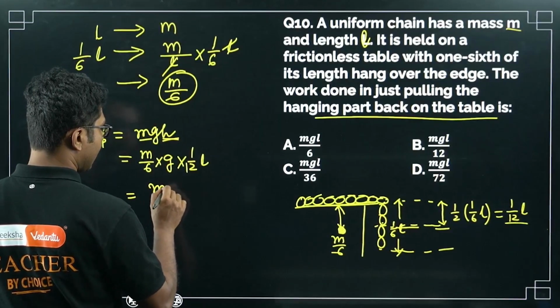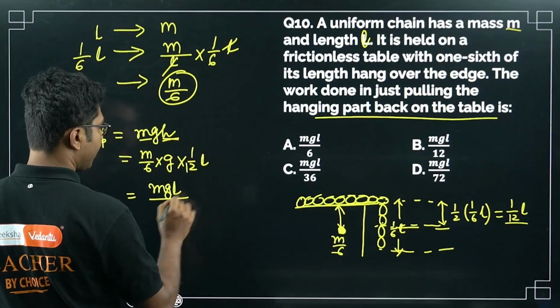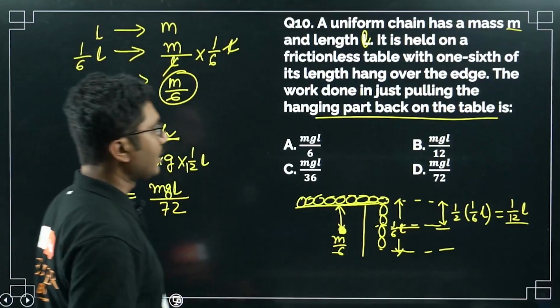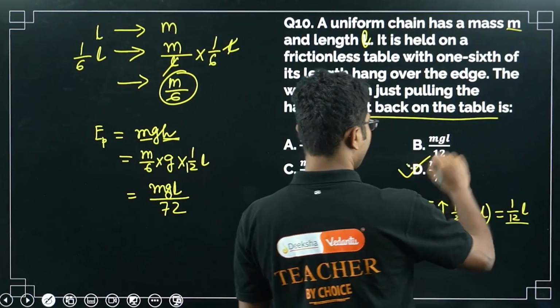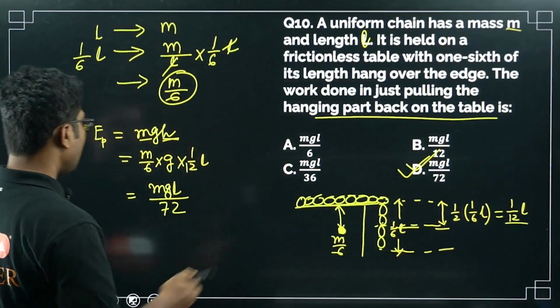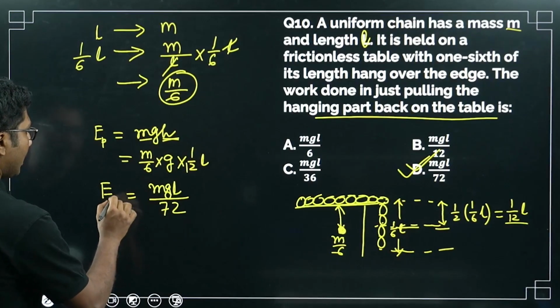So mgL divided by 72 should be the work done to pull that wire back to the table.